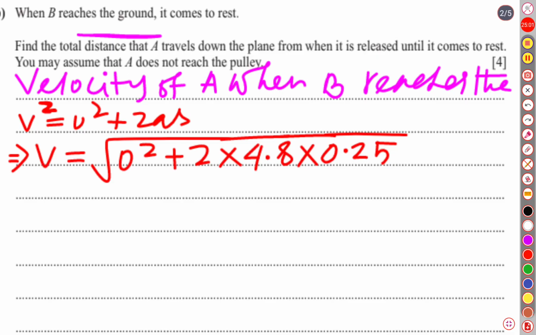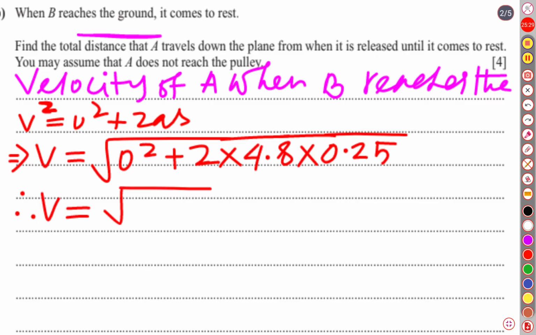If you wish, I can draw the figure over here, or let us continue. I don't find it complicated. Hence, the velocity of particle A when B touches the ground and is at rest is the square root of 2 times 4.8 times 0.25, which is going to be 2.4.